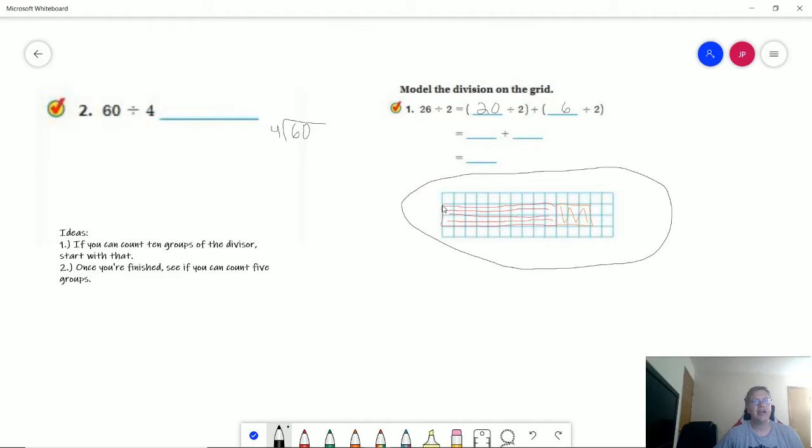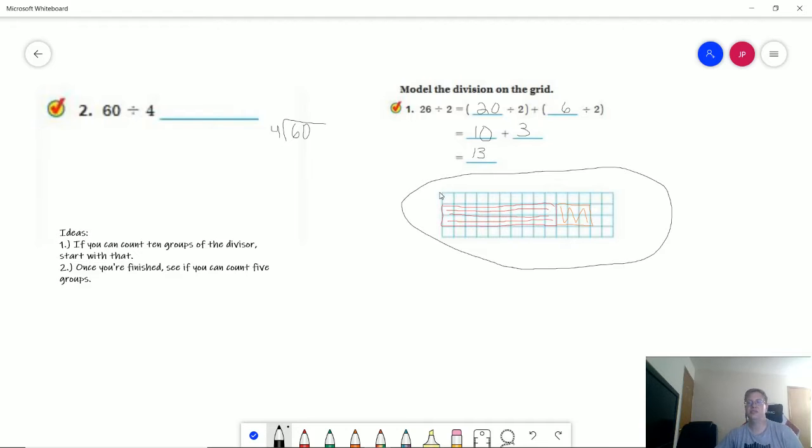So I have a group of 2 times 10 here that I've tried to color in red. I have a group of 3 times 2 to get the 6 in orange. What we would do from there is go ahead and find the answers. So 20 divided by 2 would give us 10. 6 divided by 2 would give us 3, and the answer for that would be 13.